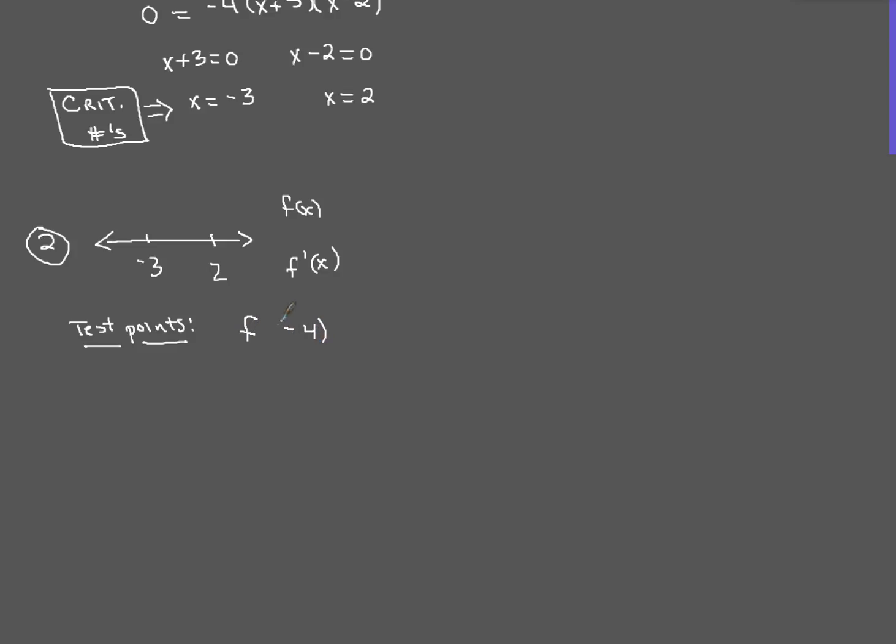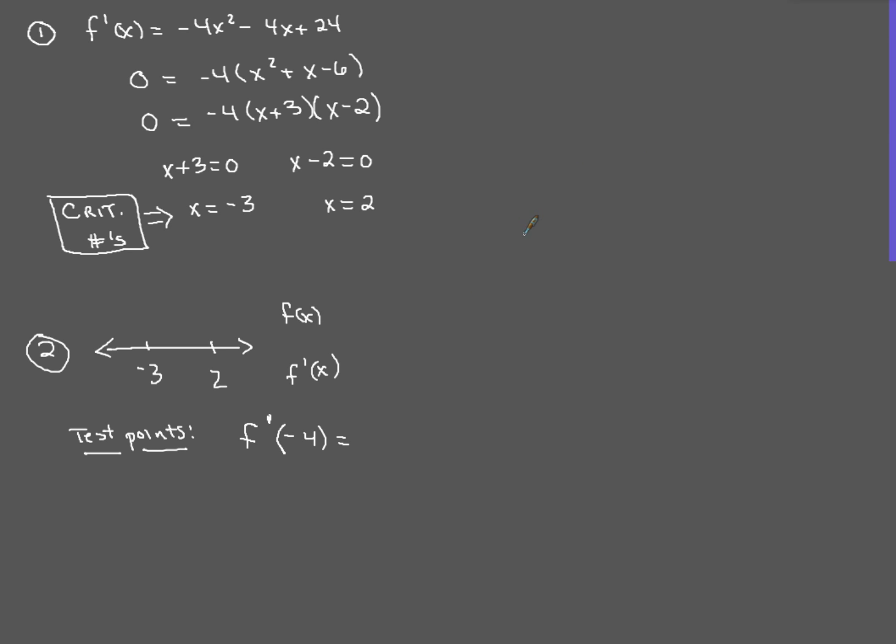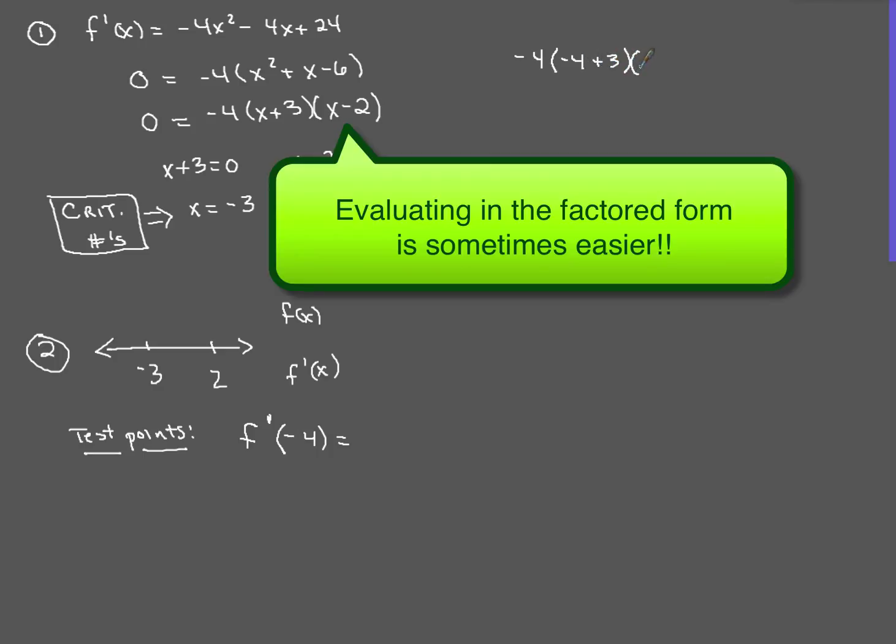And we're going to evaluate that in the derivative. Now, factored, and this is what's kind of nice. If you plug in negative 4, anywhere there's an x, you have negative 4 plus 3, and then negative 4 minus 2.